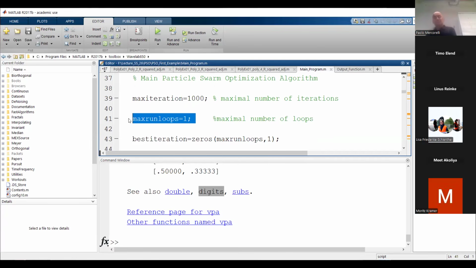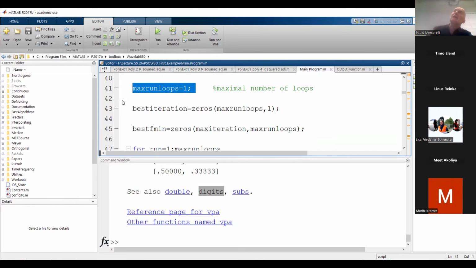Maximal loops: also here, basically don't consider this, but believe me, it's easy to understand that I can use more than one swarm for different tasks, let me say in parallel. I will probably tell you about this possible variation very shortly next week. At this moment, we have just one swarm.